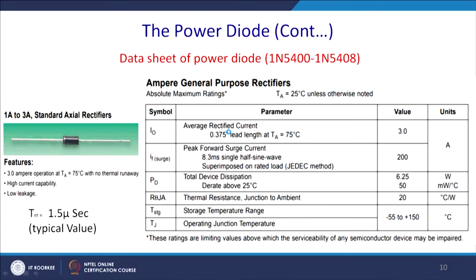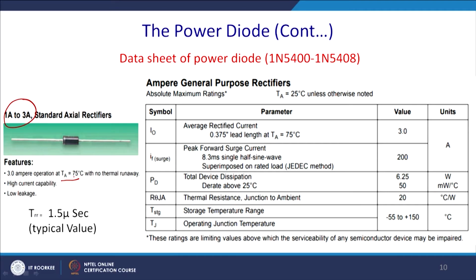So, this is the data sheet of one of the power diodes with a nominal power rating, not a very high rating. So, you can see what parameters are given. The current carrying capability of this diode is only 1 ampere to 3 ampere, and at a temperature of 75 degrees centigrade there is no thermal runaway or thermal breakdown.